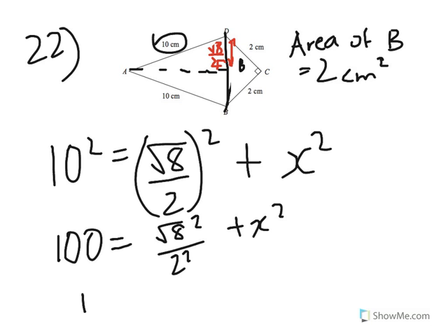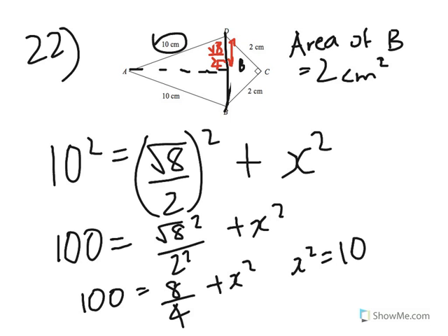Root 8 squared is 8, so it becomes 8 over 4 plus x squared. And 8 over 4 is nothing but 2. So x squared is equal to 100 minus 2. x is equal to root 98.